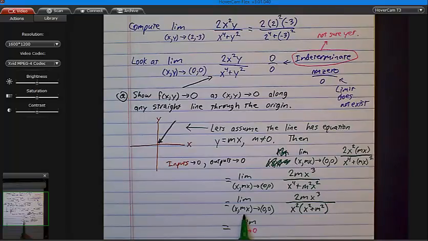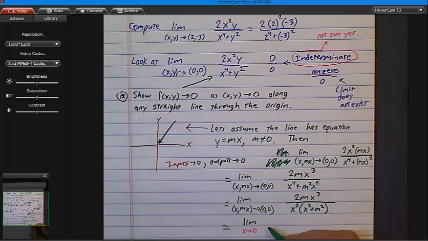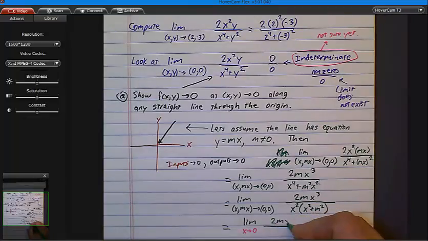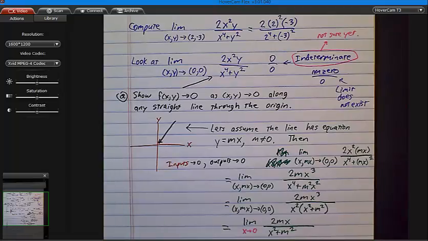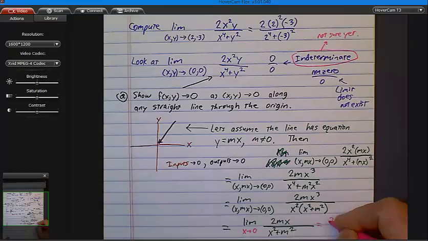I don't care what your m is. I don't care what your slope is. I can do it this way. So then this expression we've simplified to 2mx over x squared plus m squared. But I think this is one of the keys here, is that when you change that to 0, you get 0 in the numerator, but in the denominator you get 0 plus m squared.